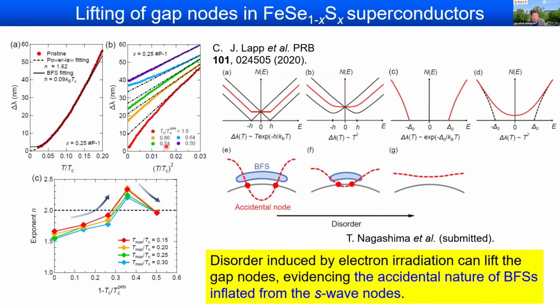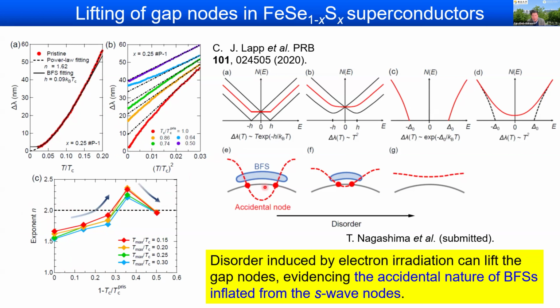Then we can suppress Tc by adding the point defects and see how the penetration depth changes. And we can fit the low temperature data to a power law. And here is the power exponent, n, as a function of disorder. And we found that the exponent actually shoots up above 2. This is an indication that we have changed the superconducting gap structure from nodal to nodeless, right?